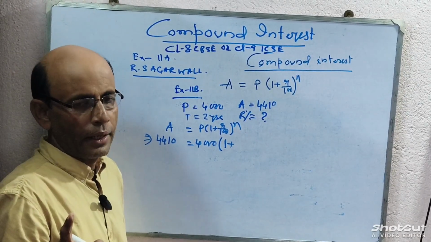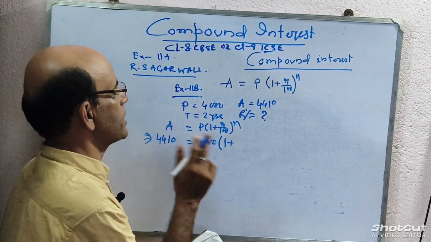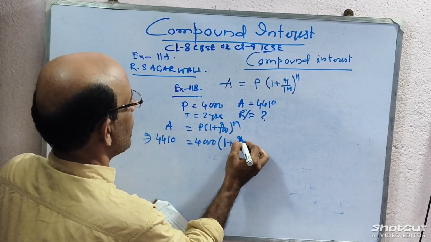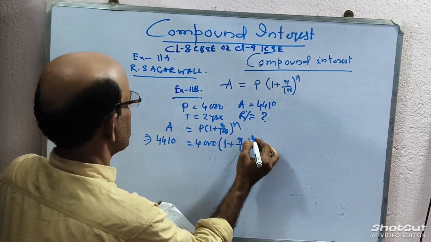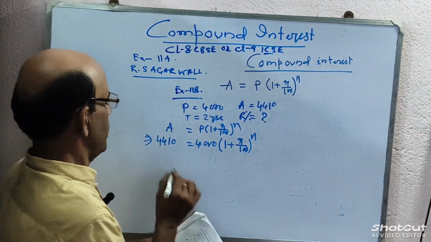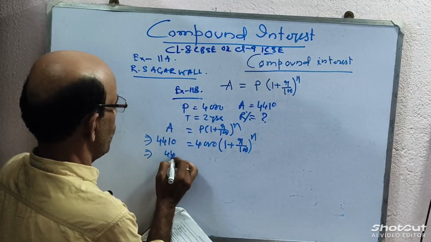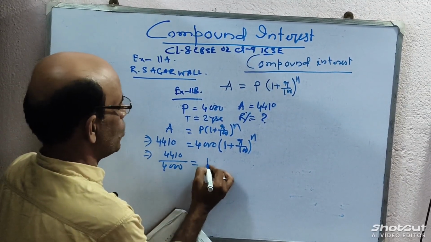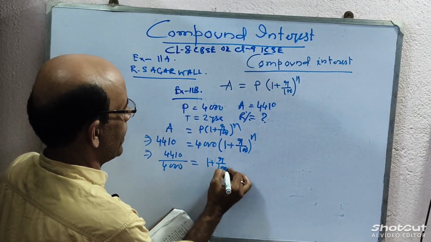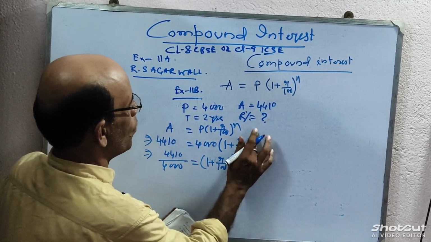This is the technique. You have to follow this technique to find the rate. 4,410 divided by 4,000 is equal to 1 plus R by 100 whole to the power 2.